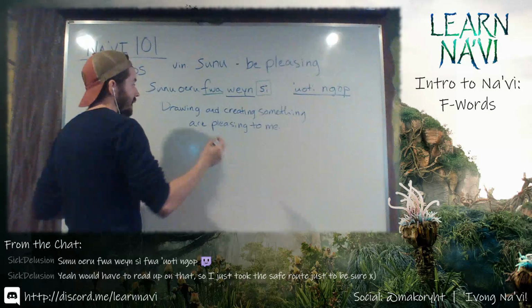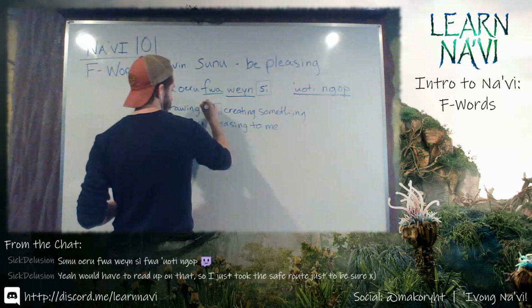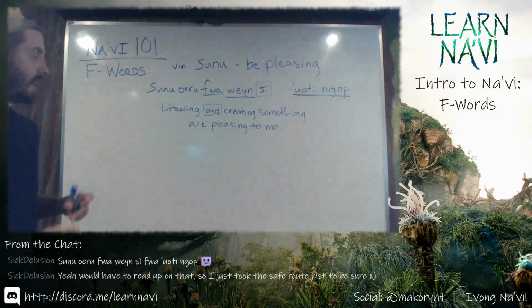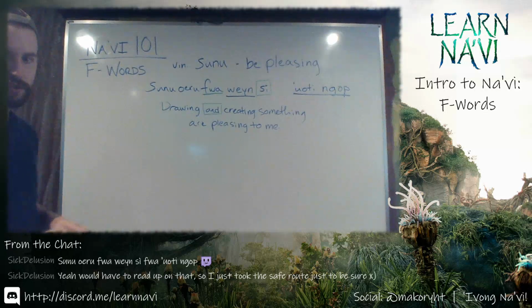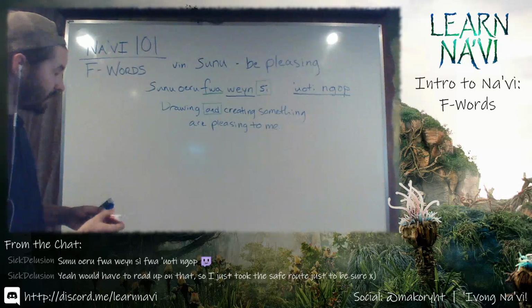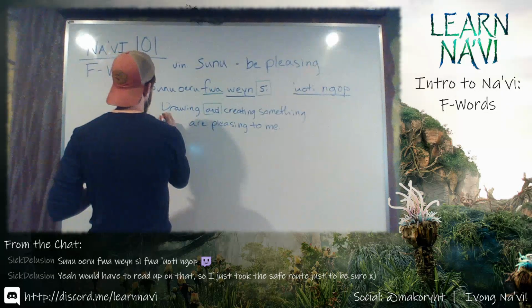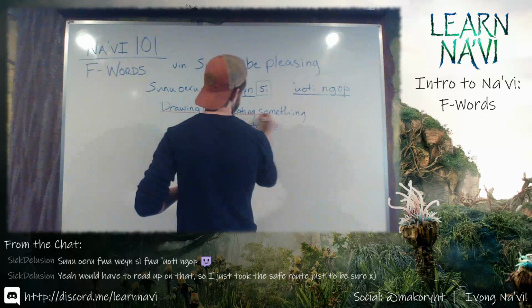So, just to visualize what I was talking about and having an internal debate with myself over, we have a dual subject here, because we have two things that are pleasing in this instance, which are drawing and creating something.